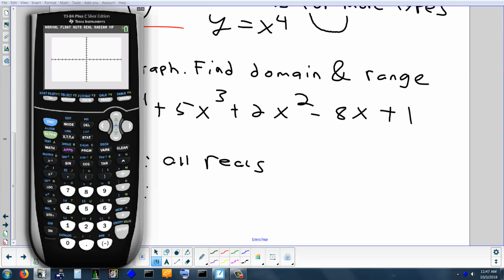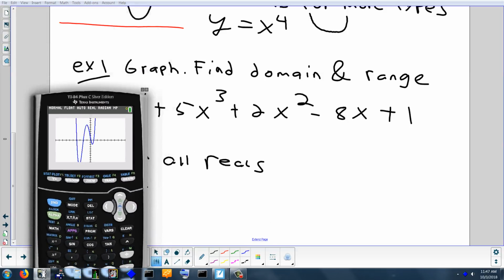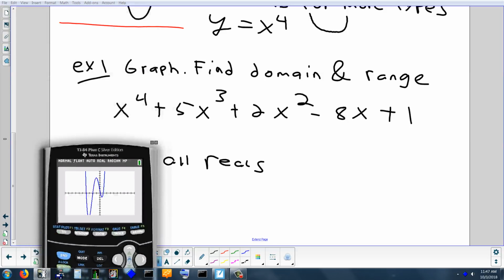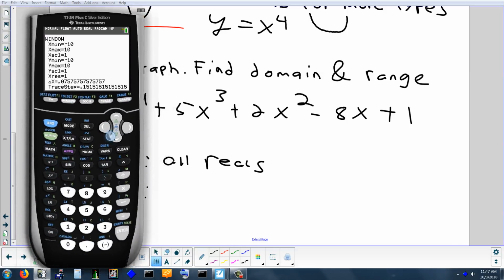Okay, I'm going to do zoom 6, but it's probably going to go off the screen. It's probably going to have the W shape, yep, because you've got all the terms there. To me, it looks kind of complicated on paper. It's probably going to look complicated when I graph it. All right, I've got to go a little lower. So let's try, I don't know, -20.